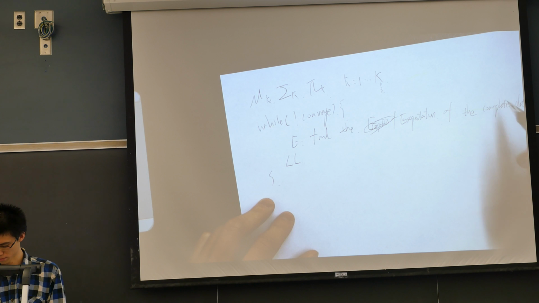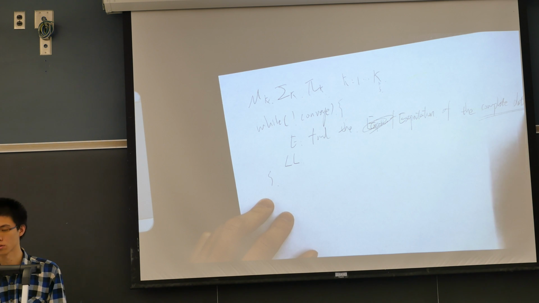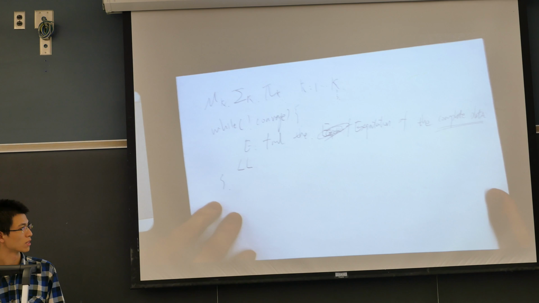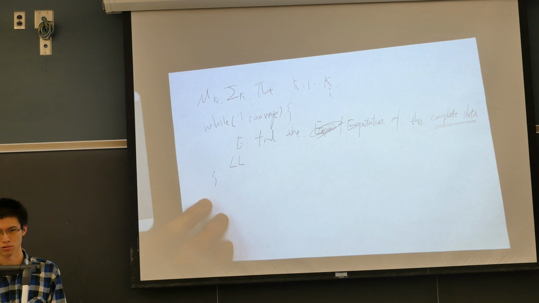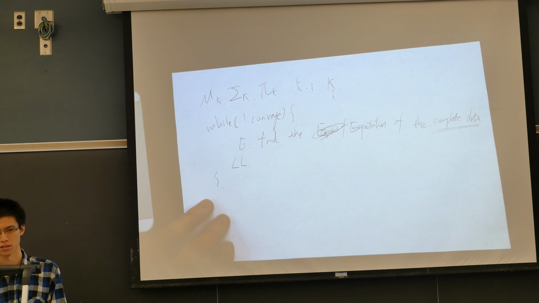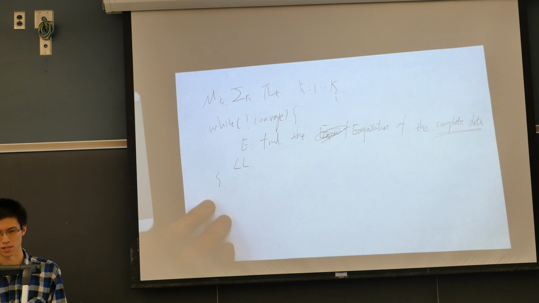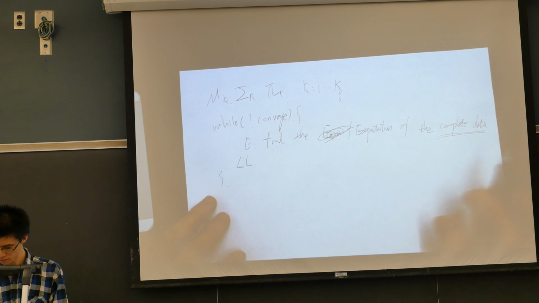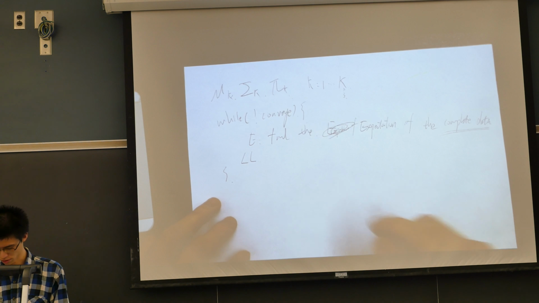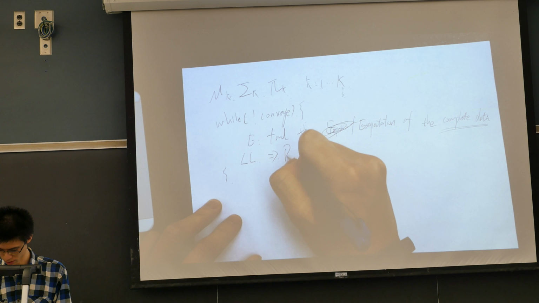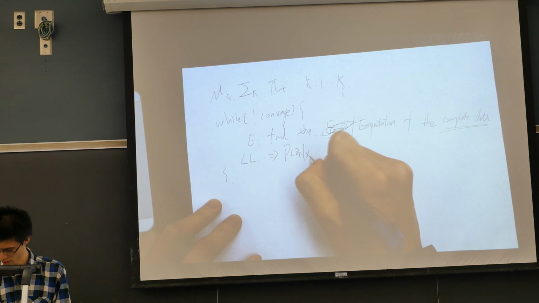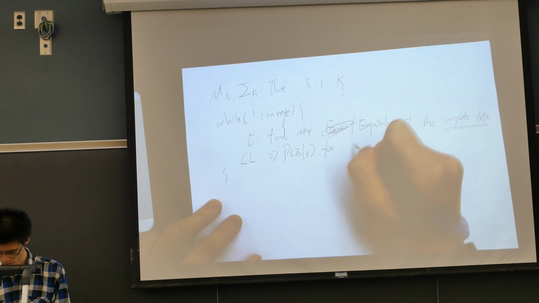So what do I mean by the complete data? This includes both X and the hypothetical unobserved hidden data C. So to get this, we need to find the P of Z equals k given X, for each k.